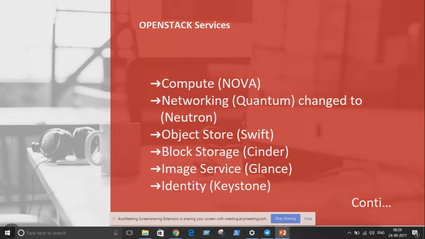After that, we have object store, which is used to store unmanaged data. That is known as Swift here. Then we have block storage, which is known as Cinder here. I think we all know what block storage is, right? Block storage is known as Blob in Microsoft Azure.